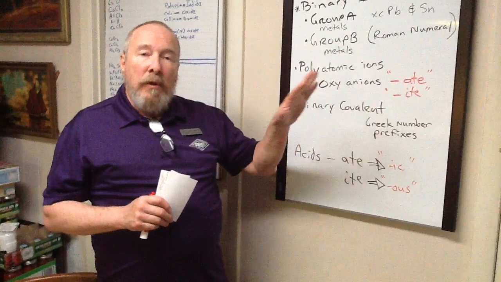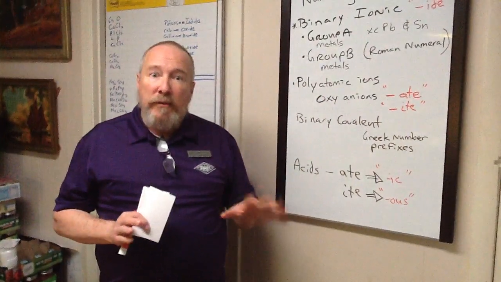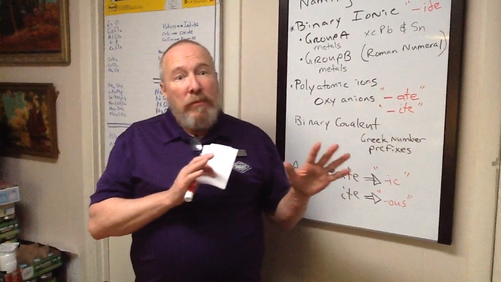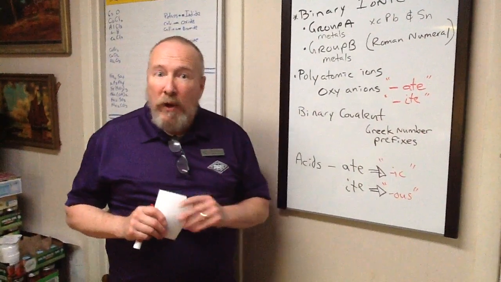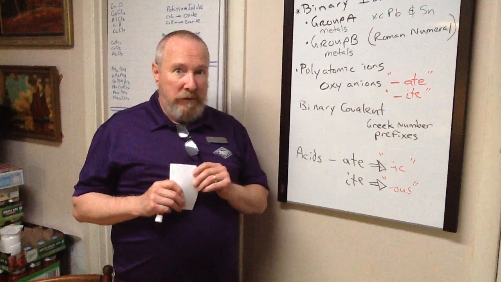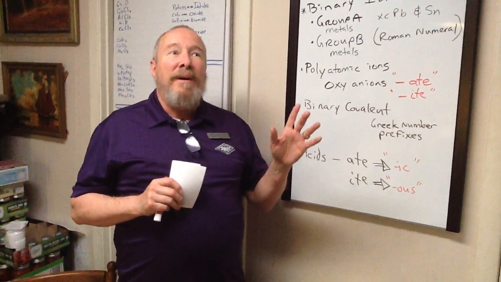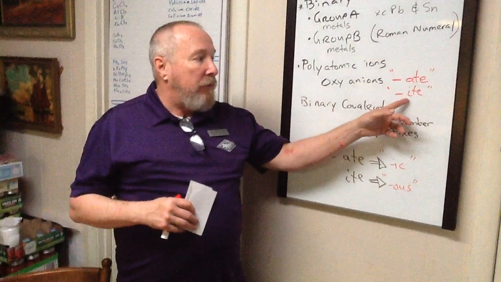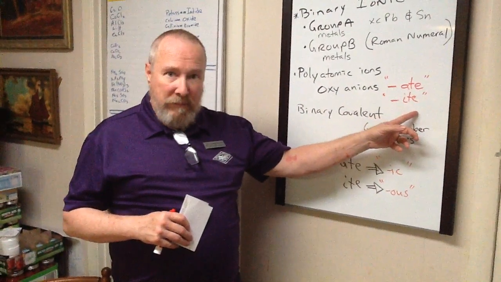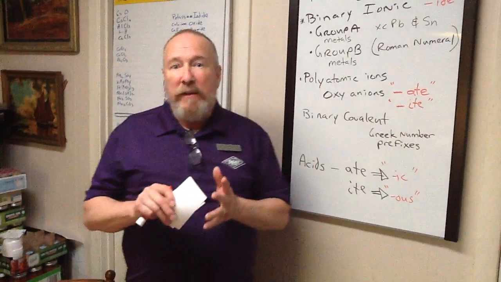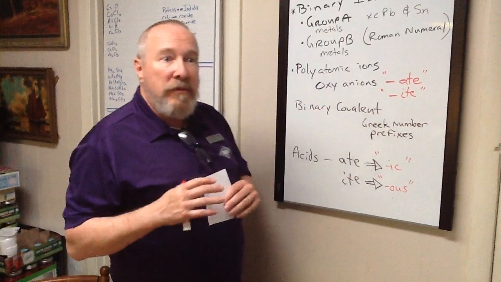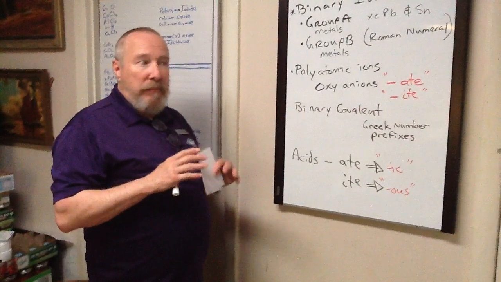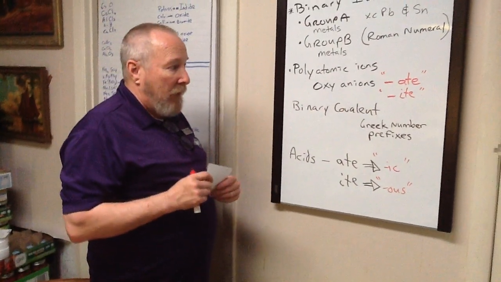For example, sulfate, SO4, exists with a -2 charge, but it exists in another form, SO3, also with a -2 charge. And we call that sulfite. And so you'll have sulfite, nitrite, phosphite. And all those are the same as the ate form, except one less oxygen.